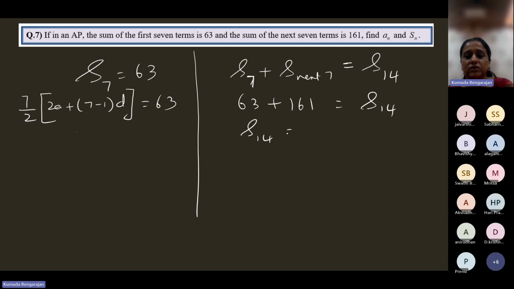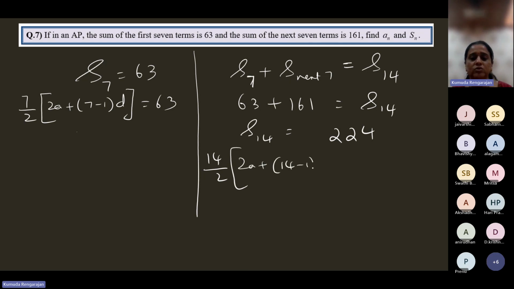So S14 is equal to 224. Now, S14 means first 14 terms, so 14 by 2 of 2A plus 14 minus 1 into D is equal to 224. From this, you will get another equation in A and D.